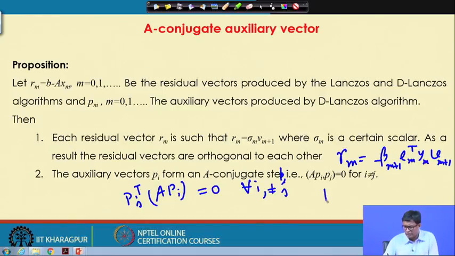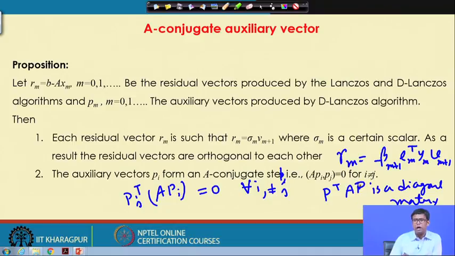Or we can write P transpose A P is a diagonal matrix. That is, only when Pi transpose A Pi, that term will come, that will give a diagonal value, and for all other combinations of i and j it will give us zeros.